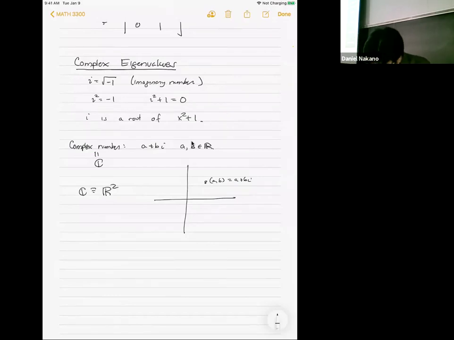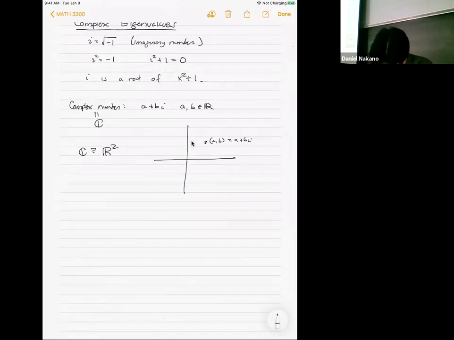Now, there's an operation called conjugation. The reason this is important is that when you think about the quadratic formula, if a plus bi is a root, then a minus bi is a root too.